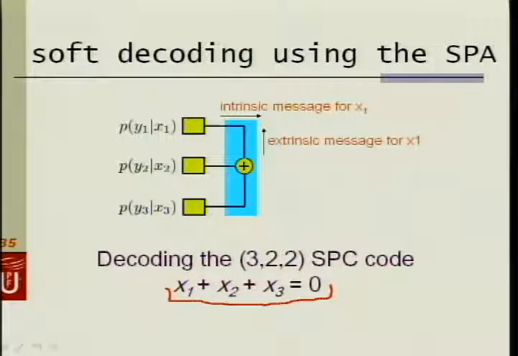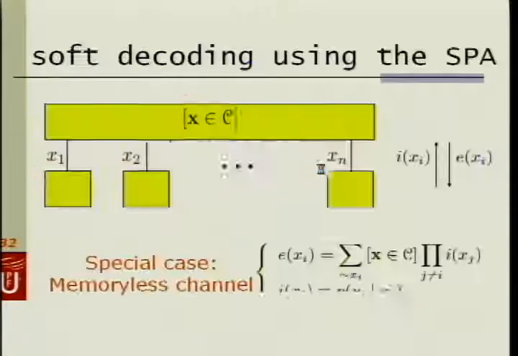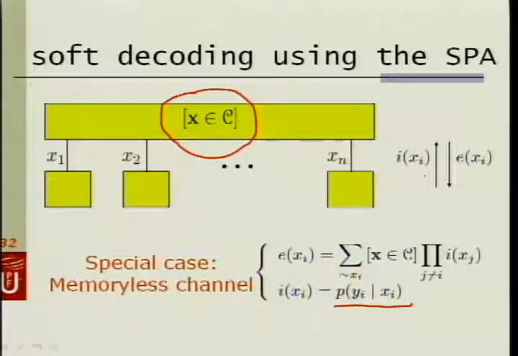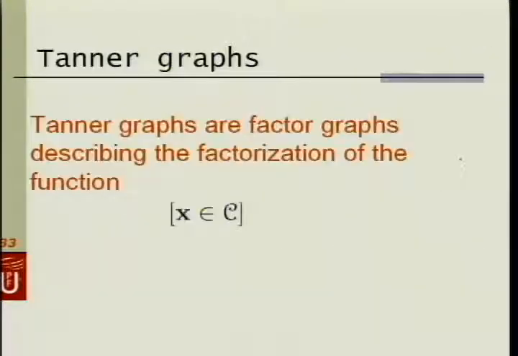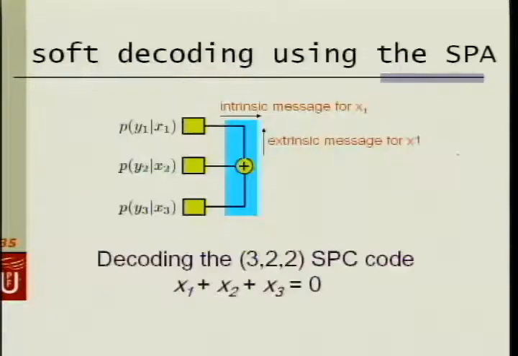Now let me tell you, using this simple example, why the messages, as we have seen before, going upward are called I, intrinsic, and the messages going downward are called E, extrinsic. We can see it very simply using this factor graph.